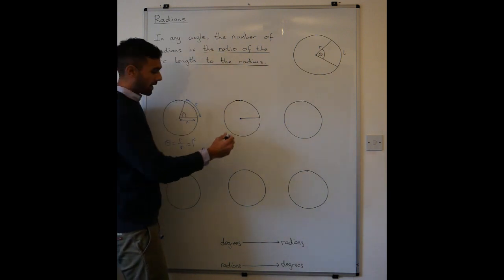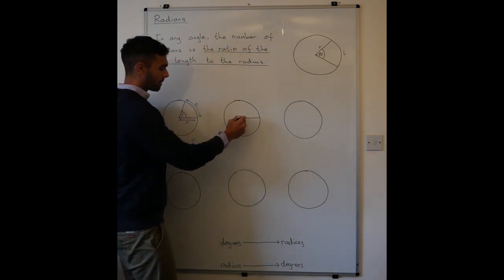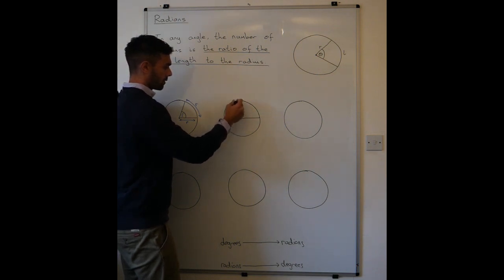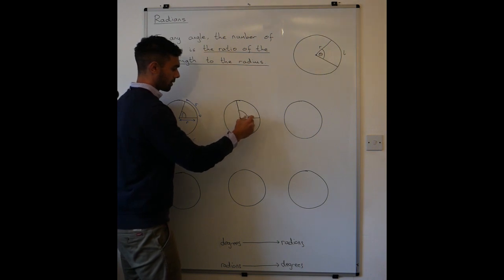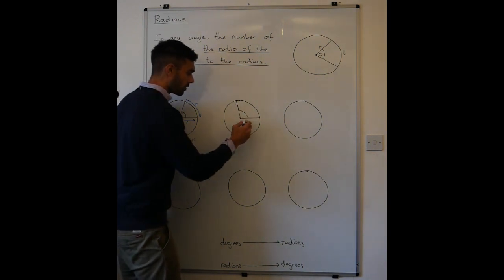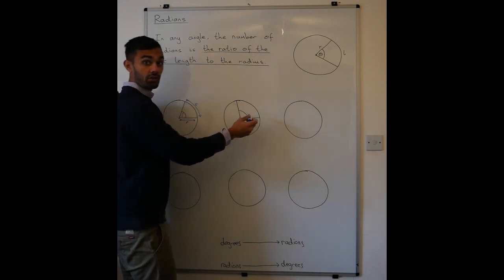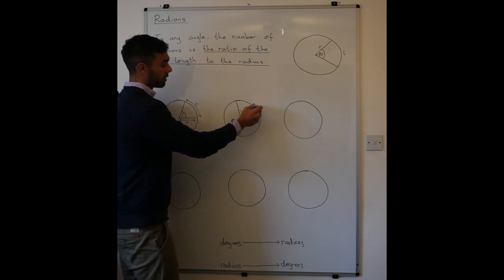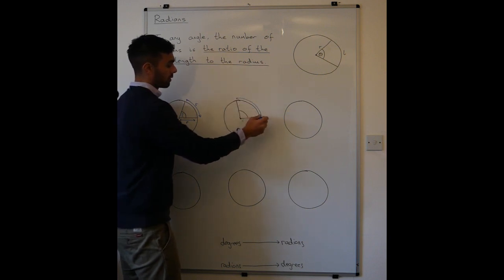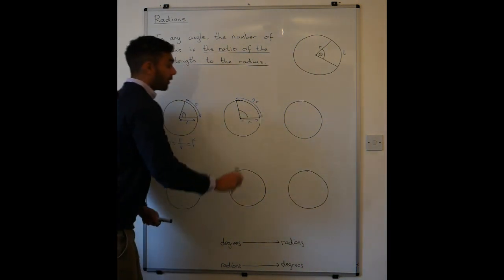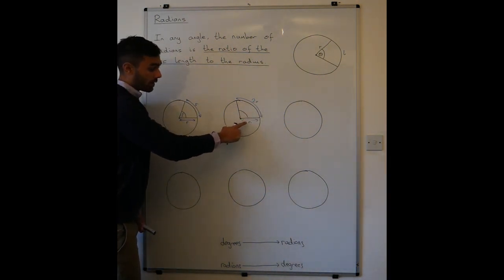I'm going to draw a new sector, slightly bigger. There's my angle. Right, and this time the sector is going to have an arc of size 2r. So the arc length is twice the size of the radius.